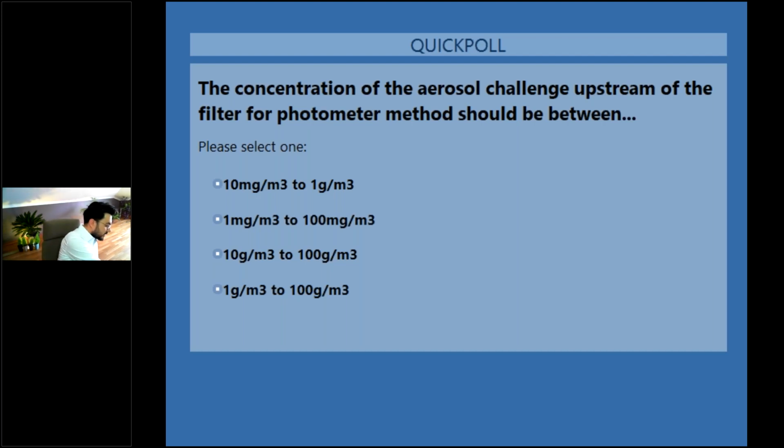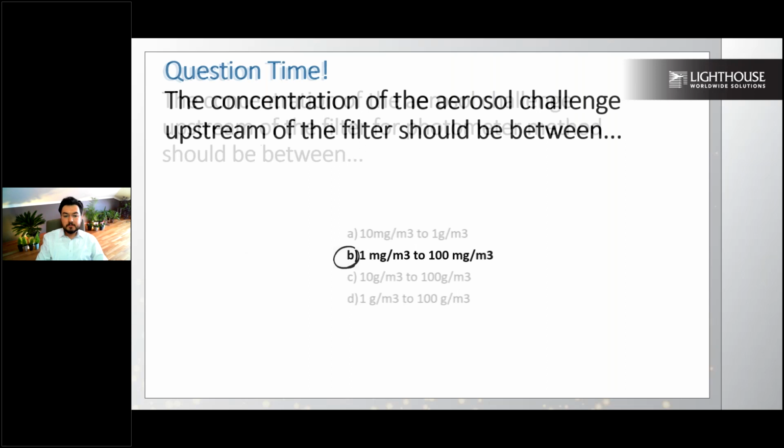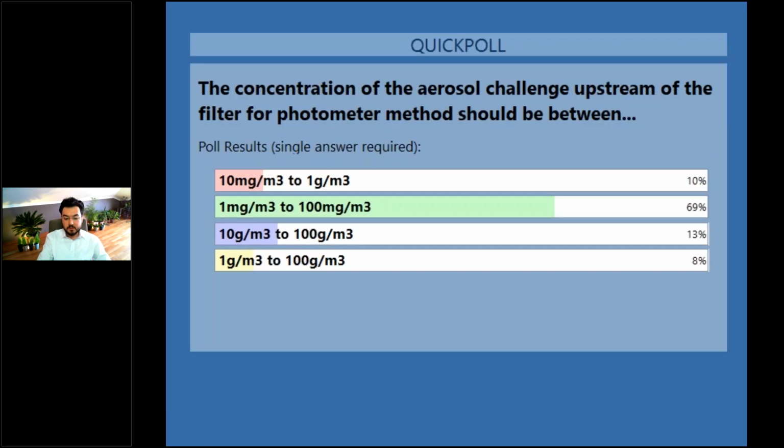I'll give you a couple of seconds. Okay, our answer here is 1 milligram per meter cube up to 100 milligram per meter cube. This should be the one that you will be focusing on while you are introducing aerosol challenge to your HEPA filters, while you are using photometer methods.